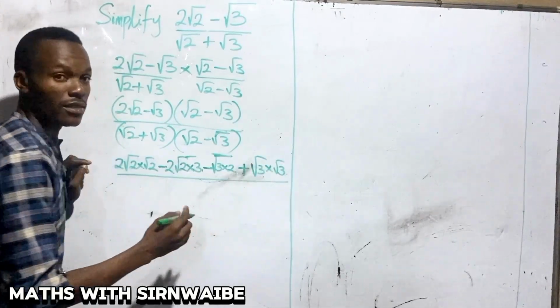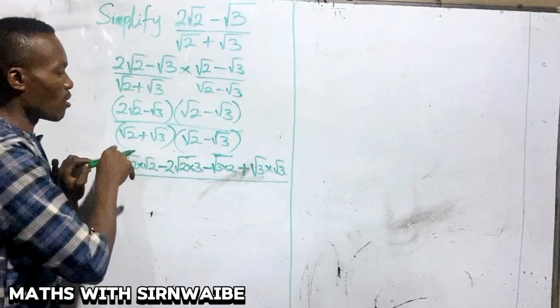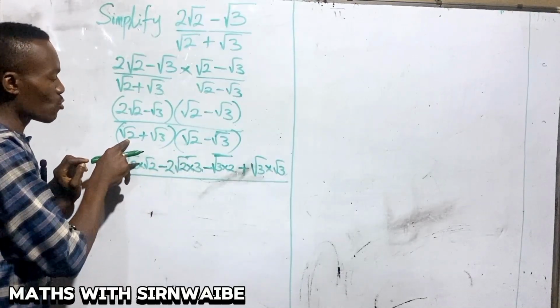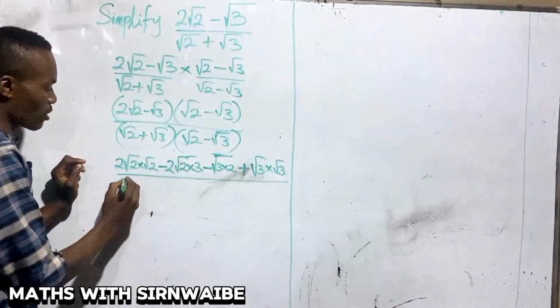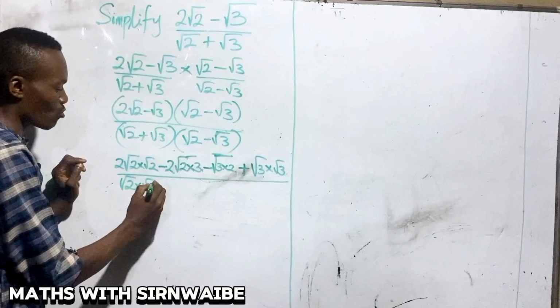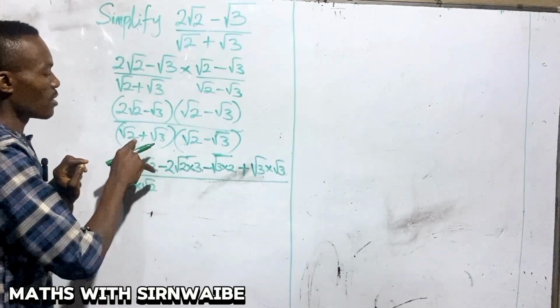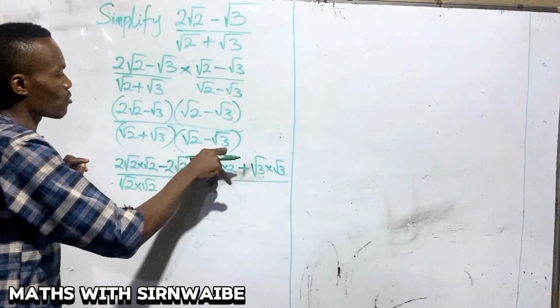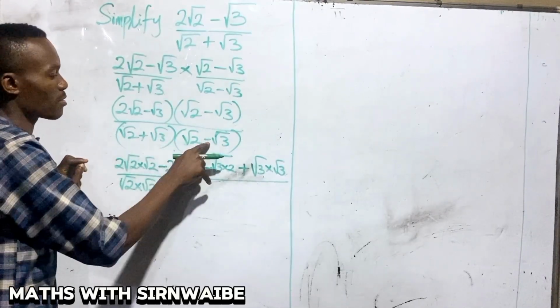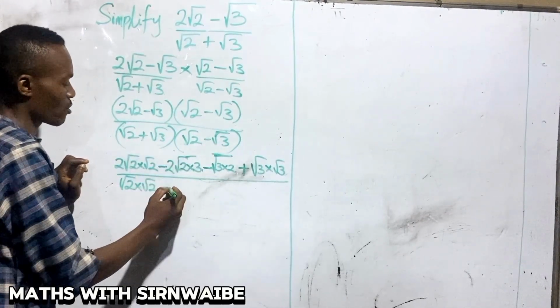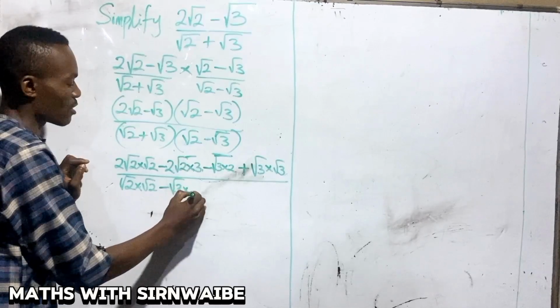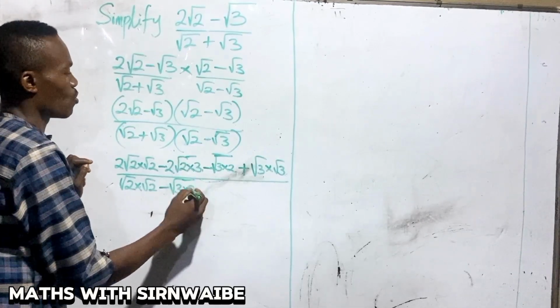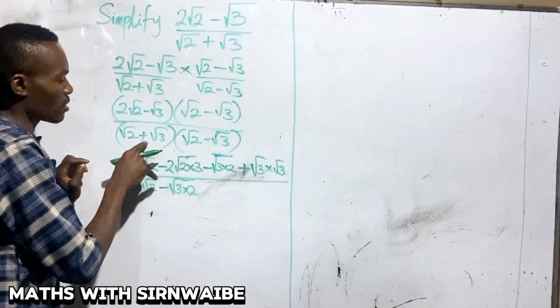Then we now treat the denominator. We have √2 here times √2. That will give us √2 times √2. Then we have √2 times minus √3. Plus times minus will give us minus. So we'll have √3 times √2. Then we'll come to this.